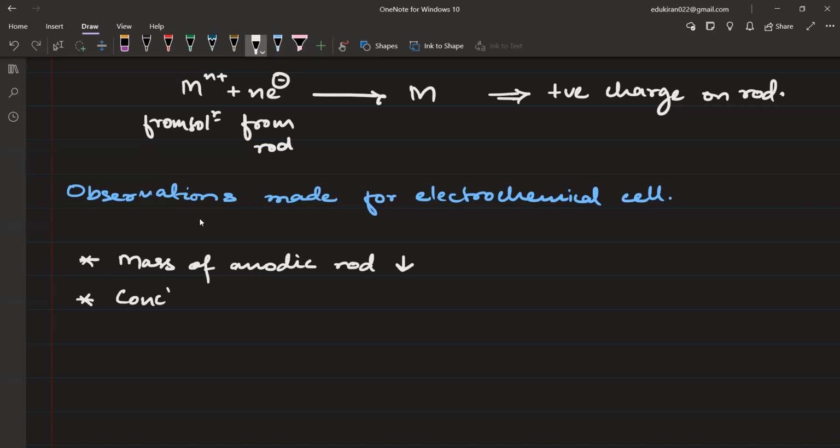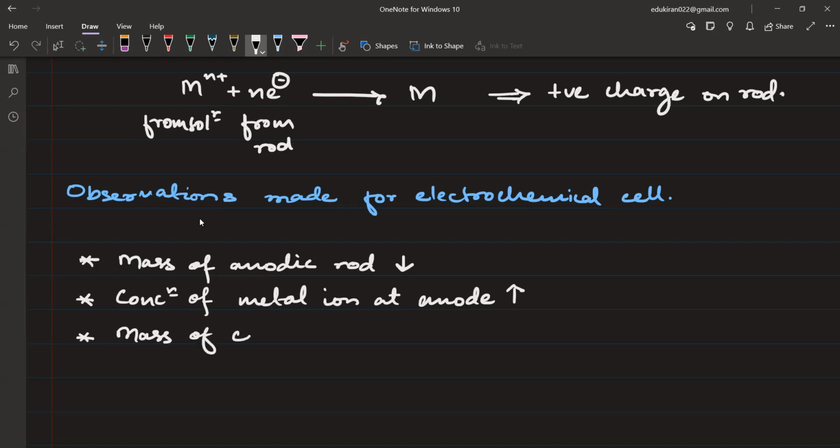Concentration of metal ion at anode increases. Mass of cathodic rod increases.